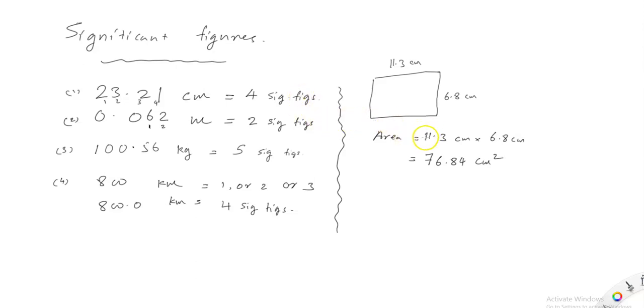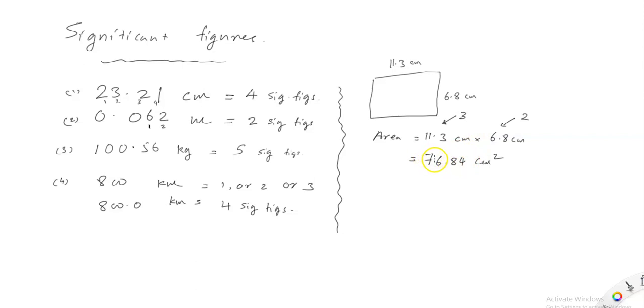So let's see the first part. Now we're going to go back and see the 2 numbers we just multiplied. The first one, 11.3, has 3 sig figs: 1, 2, 3. The second one has 2 sig figs. So the sig fig rule is, when you are multiplying several numbers, the final answer.